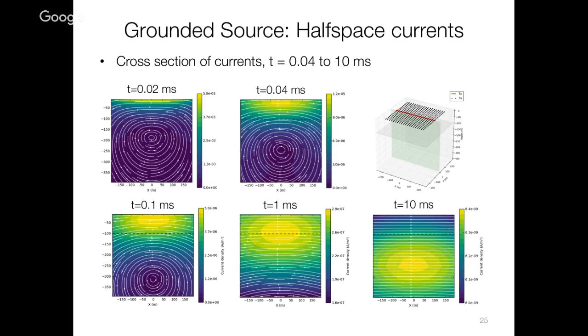At different times, immediately after we turn the current off, it's all confined up at the surface, and then it gets deeper and gradually decays down. Again, these color scales are greatly changing: 10 to the minus 3, minus 5, minus 6, 7, and 9. But you can see what happens. The current immediately gets transferred from the wire to the earth, and then whoosh, it sort of disappears.